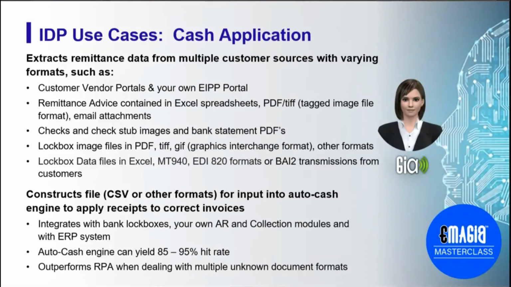And what we've seen is AutoCash hit rates in the 85 to 95% range, which is excellent. Part of that success is having the remit data in an easy to use, clear format that's kind of synced up with the AutoCash logic. And then boom, it runs right through.